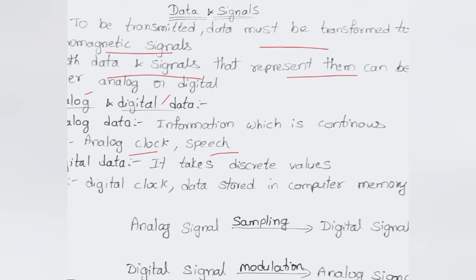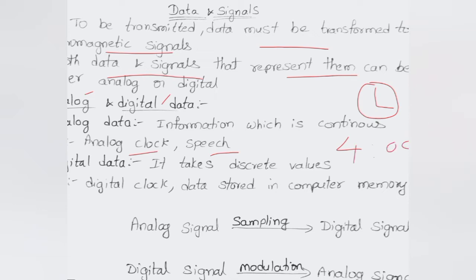And what about digital data? It takes discrete values, for example, a digital clock or data stored in computer memory. In the case of the analog clock, the time is continuous, but a digital clock will simply show that the time is 4 o'clock.